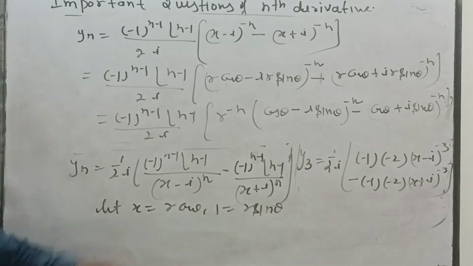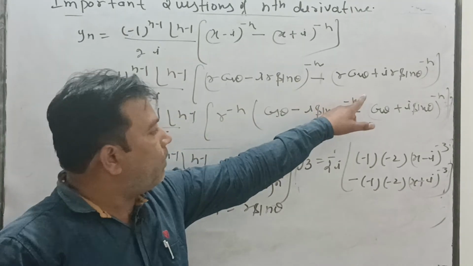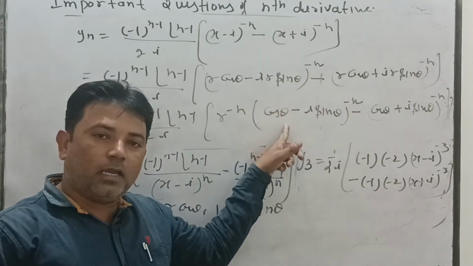By De Moivre's theorem, the power is multiplied with the angle.